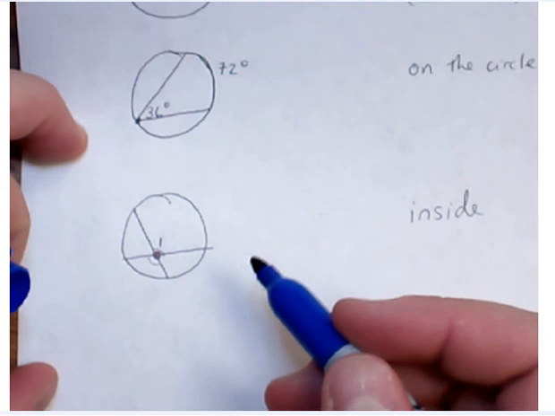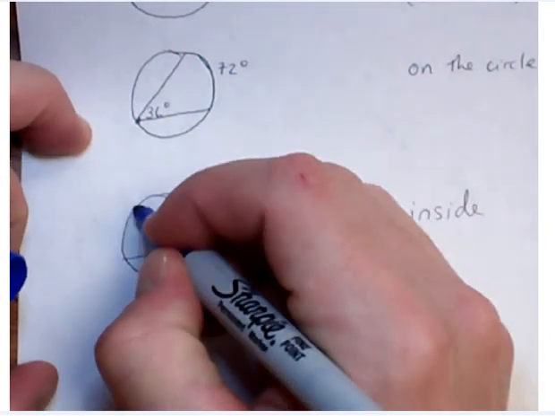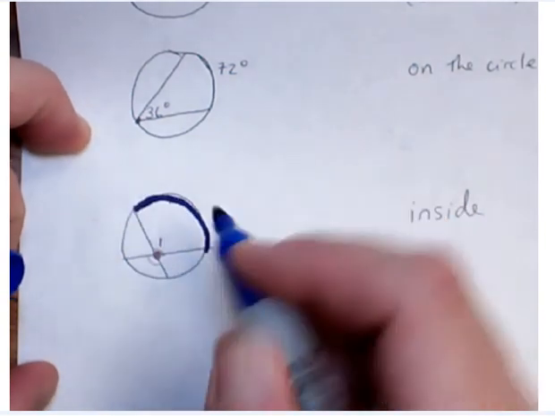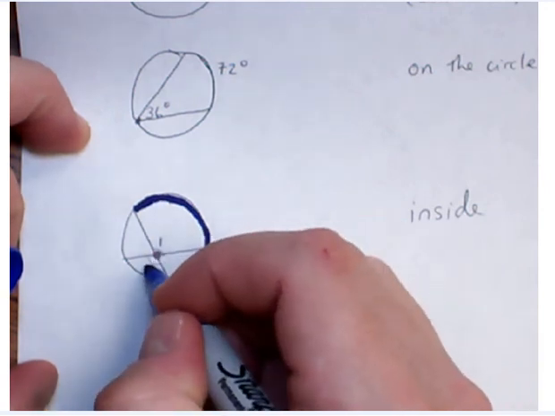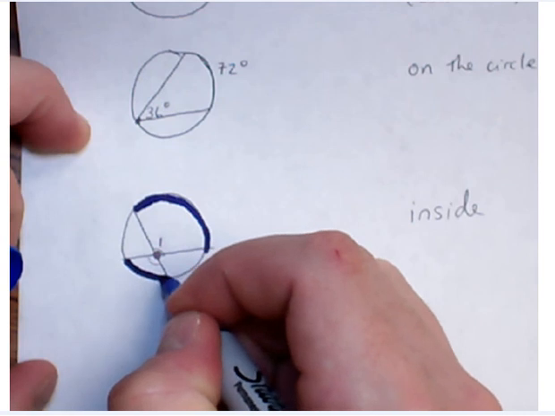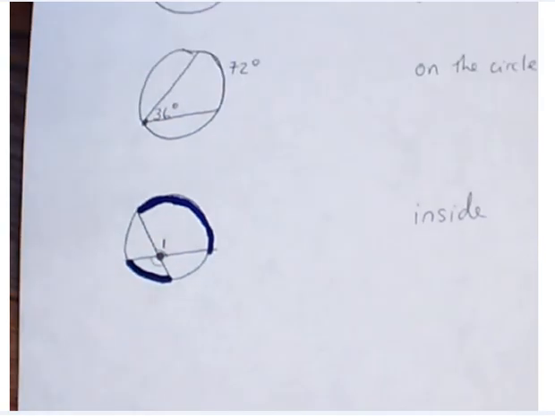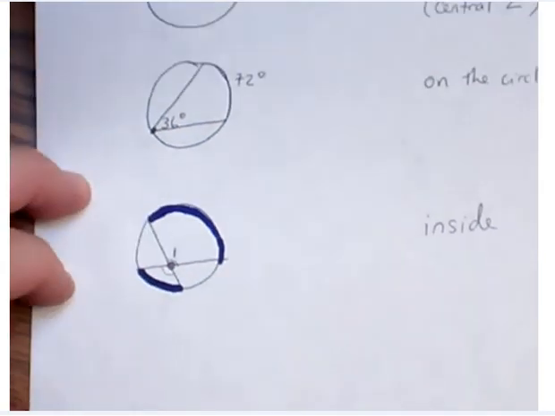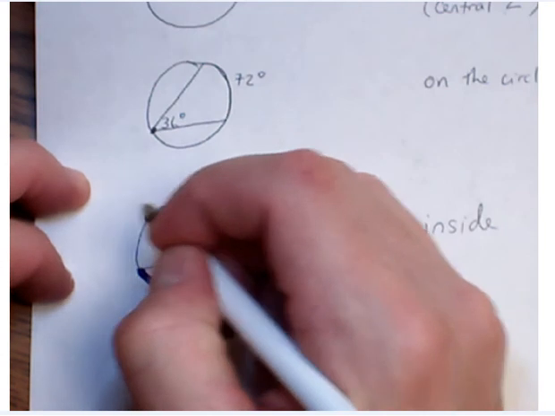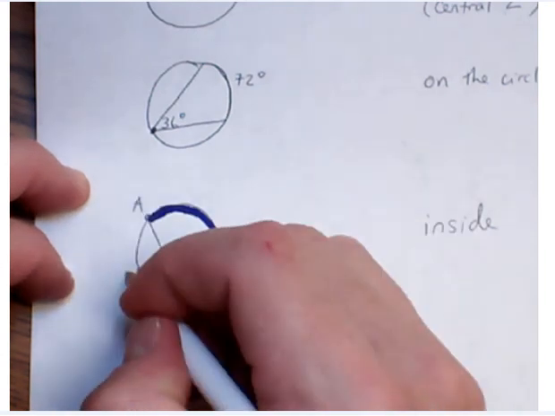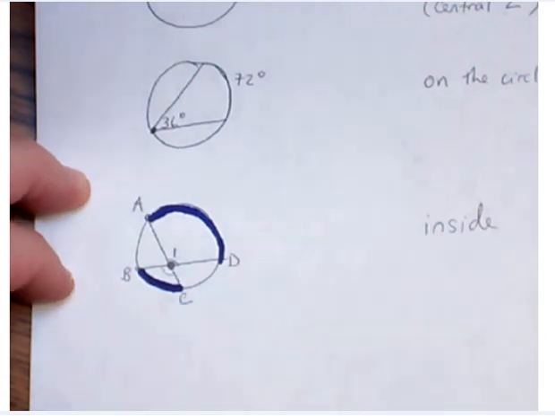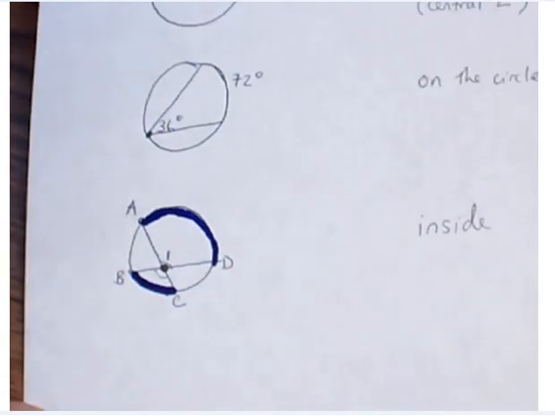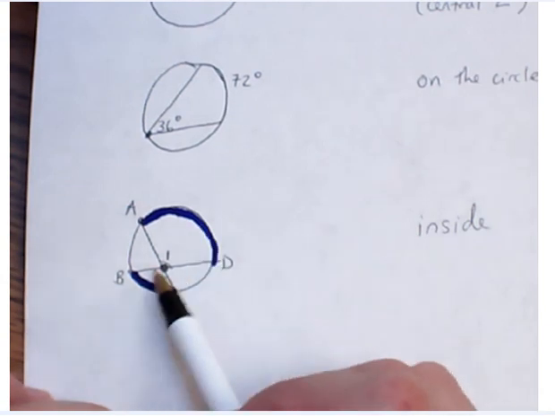Angle 1 is intercepting this arc up here, and its vertical angle, which is also the same measure, is intercepting this arc down here. Now let's give these points some names. Let's call this A. We'll go around the circle. There's B, there's C, and there's D. So the thing about an inside angle is you actually have two arcs to deal with.